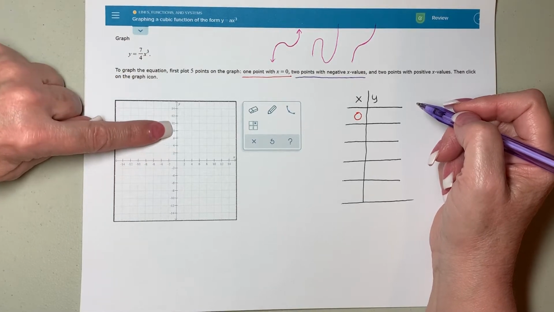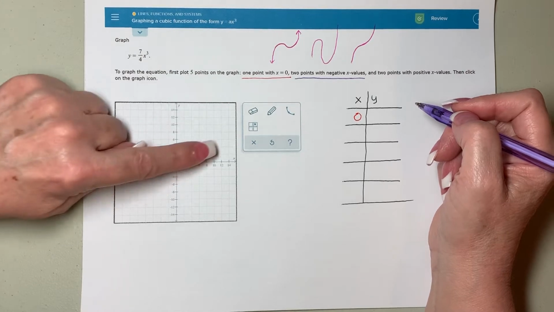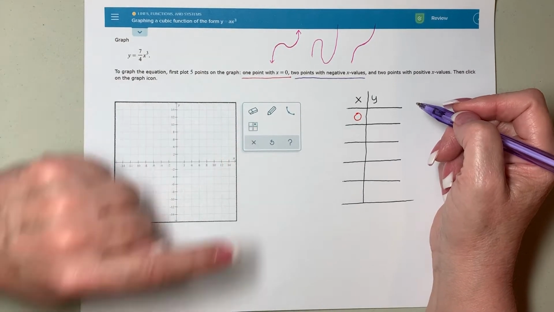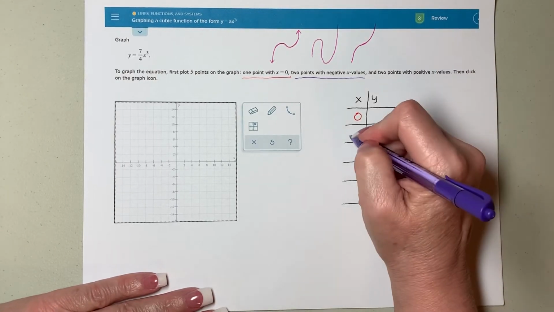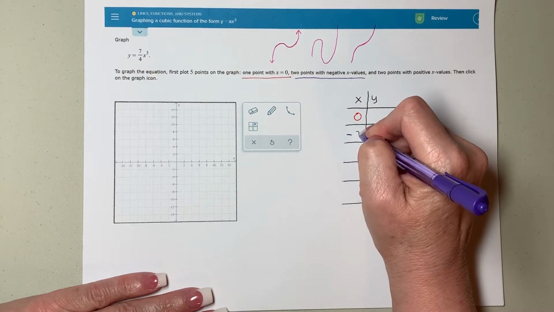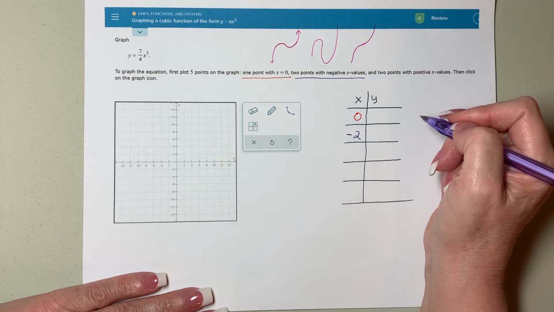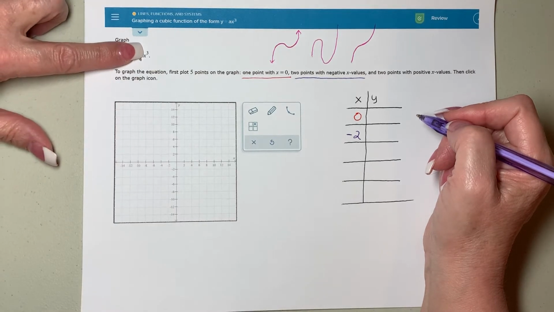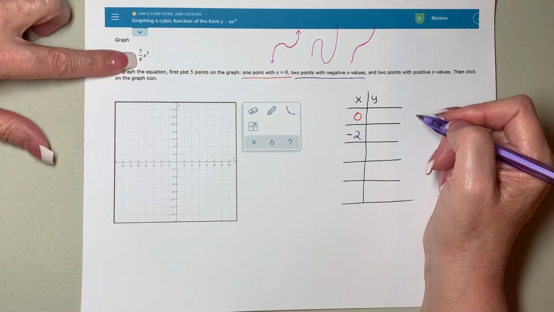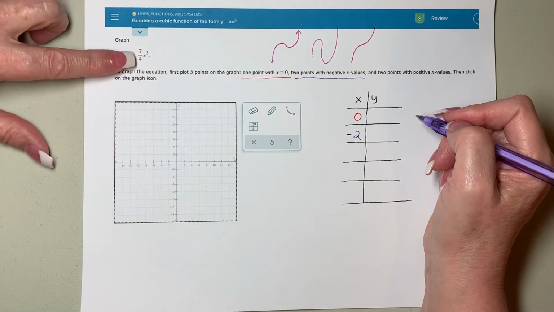I would rather not graph fractions. I mean, you can, which I can try to show you in a minute, but if I were to choose -2 instead, that's going to work in my favor. Because -2 cubed is -8, and then 4 will cancel into that.